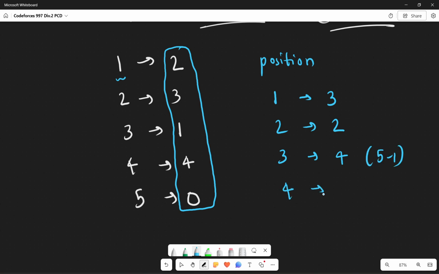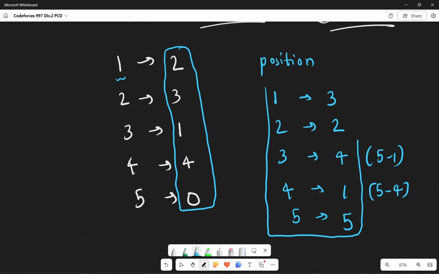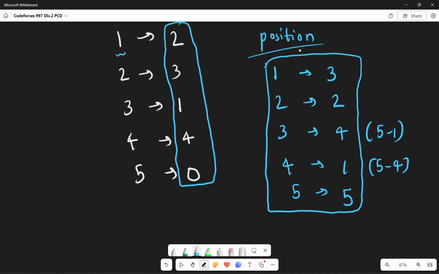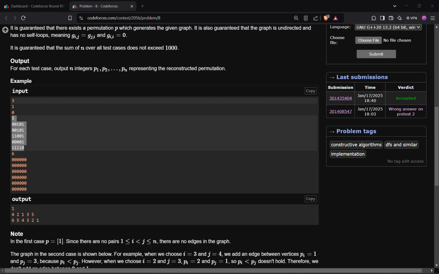And 4's position is 5 minus 4, which will be 1. And 5's position is 5 minus 0, which is 5. So basically, you get the positions of every element. Okay, so that is all we want, right? Yes, so let me head you towards the code.